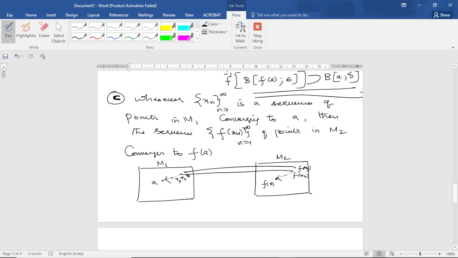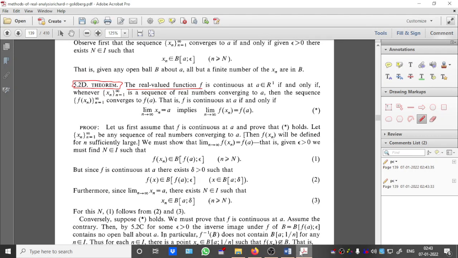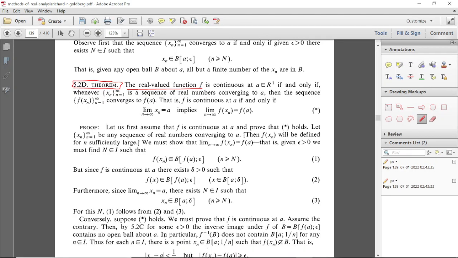Now we already proved the same result for real valued functions, where the domain and codomain are both the real line. So f is a function from M1 to M2.